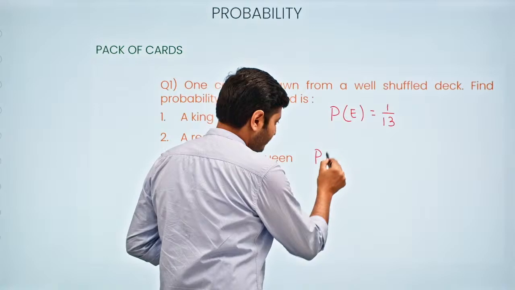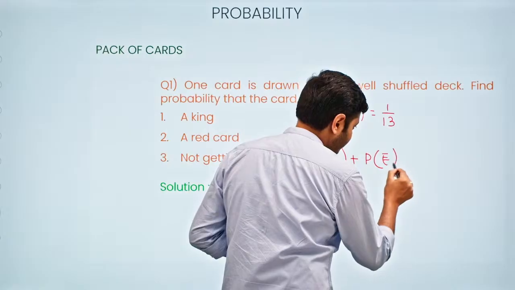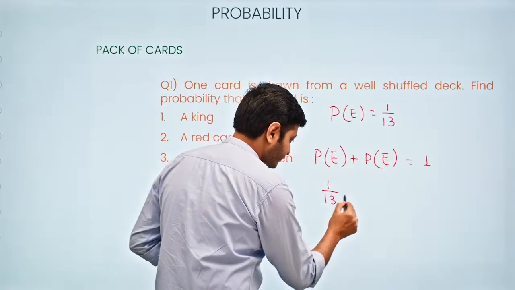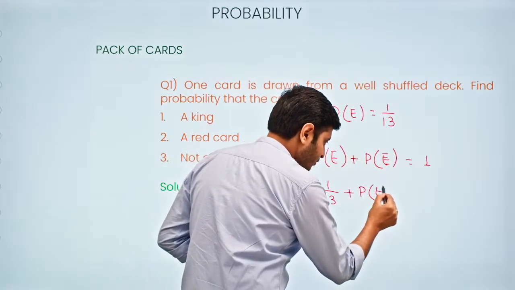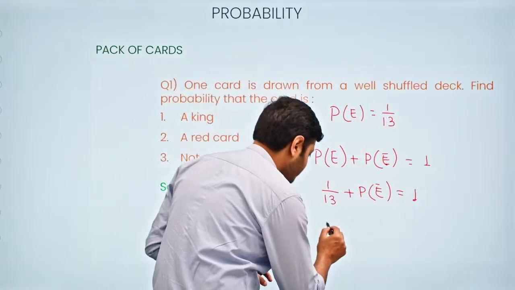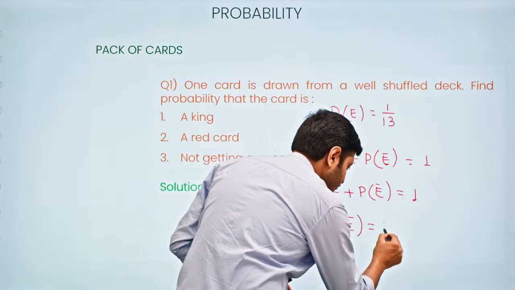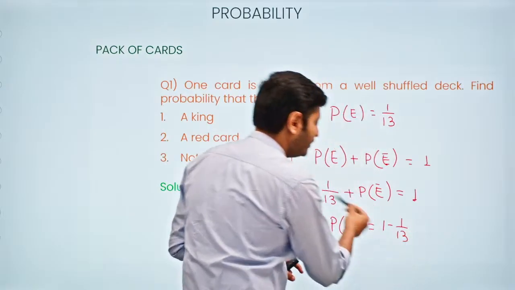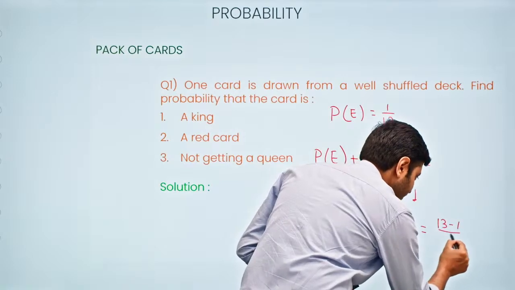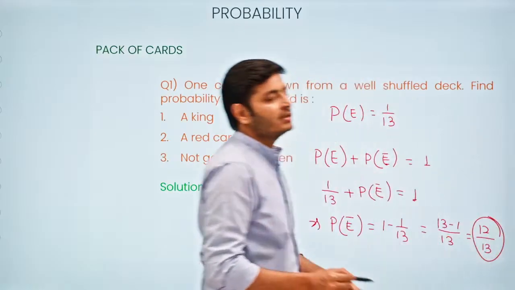The formula is P of E plus P of E bar equals 1. So 1 by 13 plus P of E bar should be 1. I'm going to transpose this to the right hand side. So this gives us P of E bar equals 1 minus 1 by 13. Take the LCM, subtract the values, and you end up with 13 minus 1 by 13, that is 12 by 13.